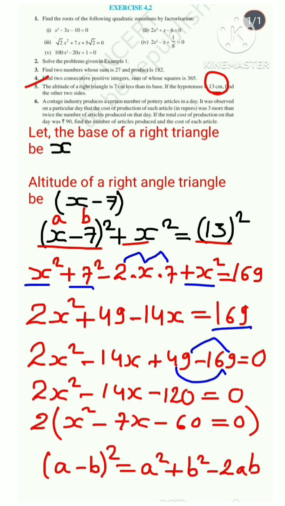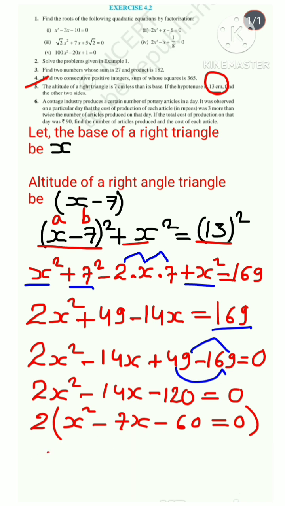So our new equation, okay, firstly let's erase this. Our equation is x square minus 7x minus 60 equal to 0. Now we can solve this equation by splitting its middle term, right? So let's proceed to next page.